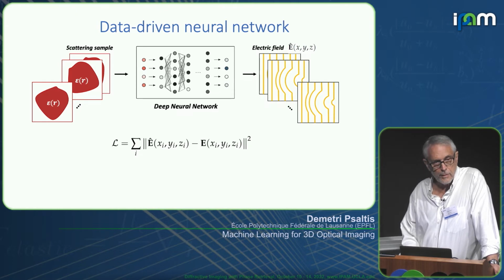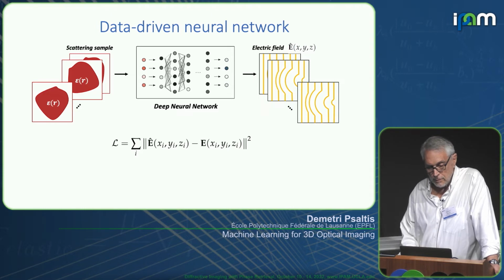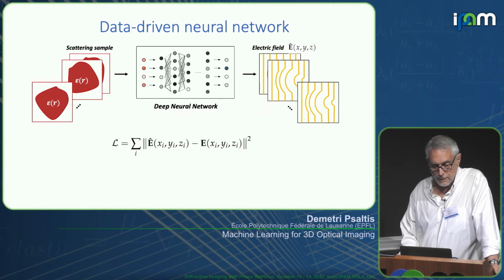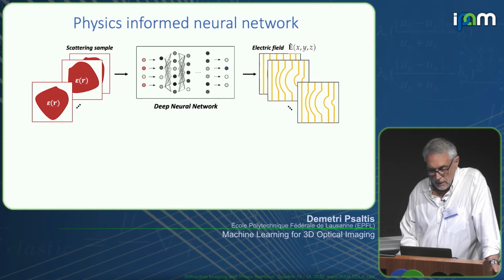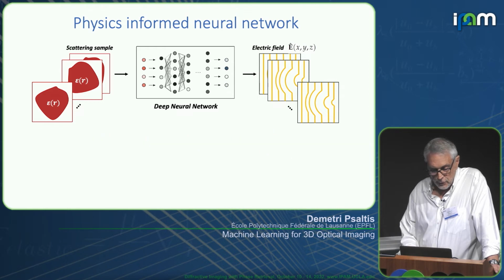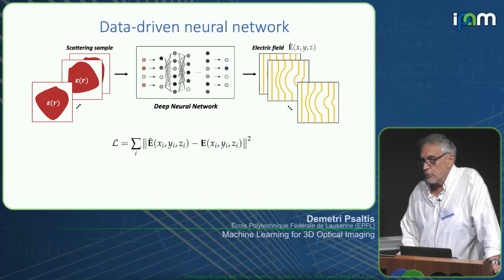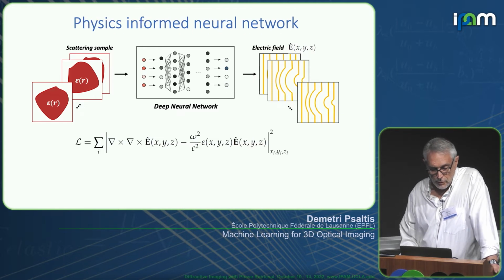But this is very difficult because these numerical techniques are heavy, and also you have to have some sort of understanding of the family of objects that you're going to focus on. What we do instead, we use as a loss function, instead of the difference between what the network produces and what COMSOL gave in this case, the difference between what the network produces and what Maxwell said it should be.